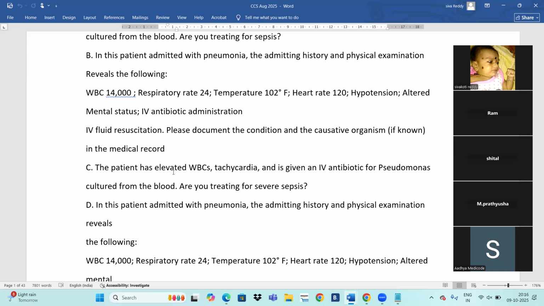So we don't know for which condition they are doing these indicators. At that time, the diagnosis was pneumonia; they were already admitted with pneumonia. But with these indicators, why would the patient get altered mental status for pneumonia? Why hypotension? Why heart rate for pneumonia? So we don't know which diagnosis these indicators are for.